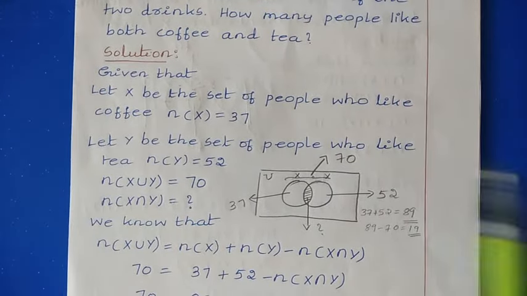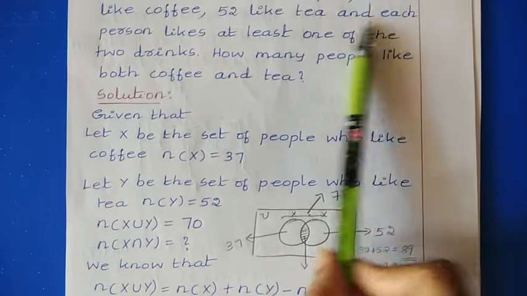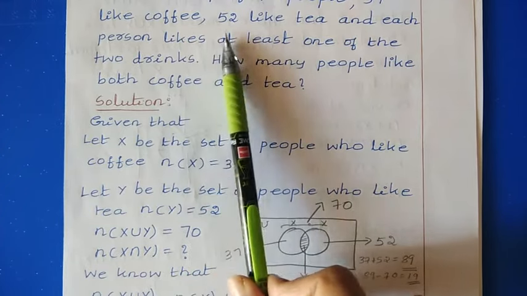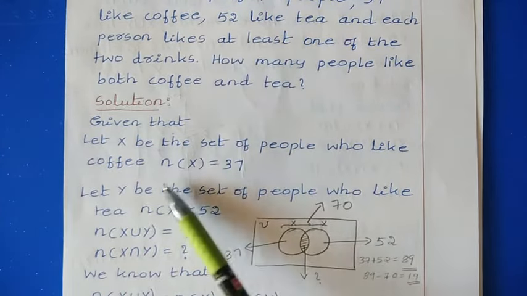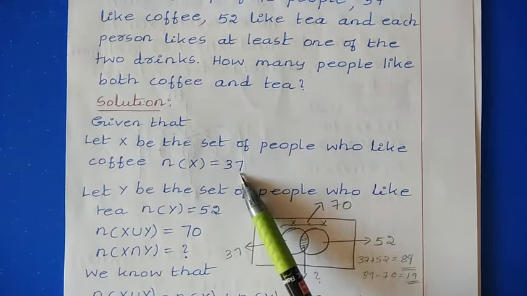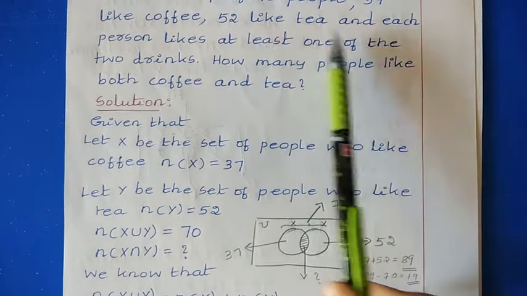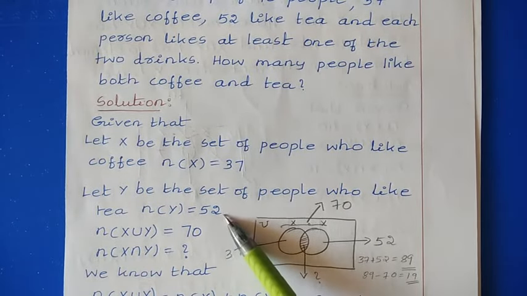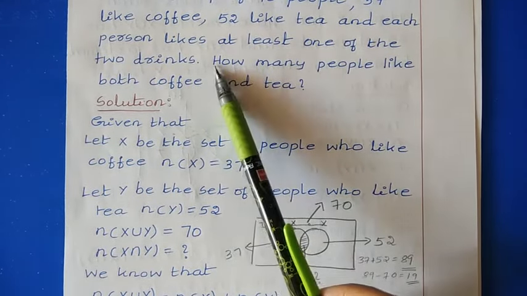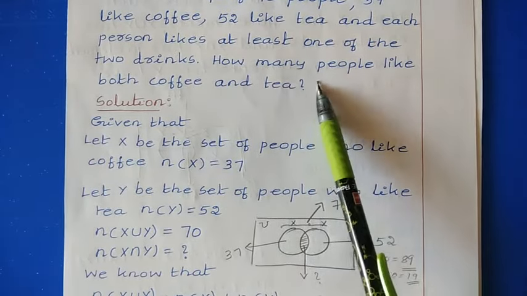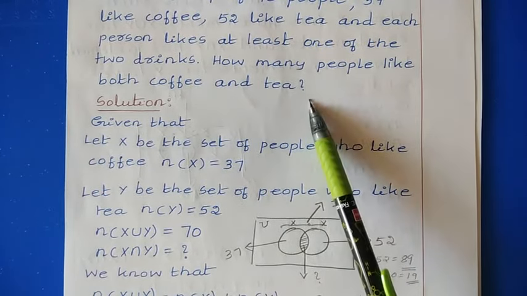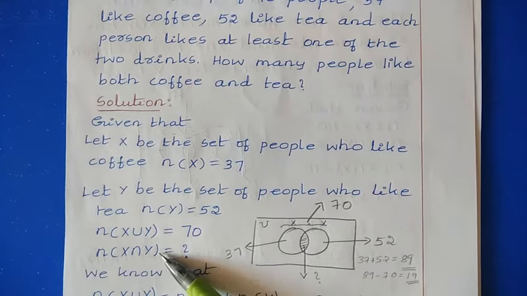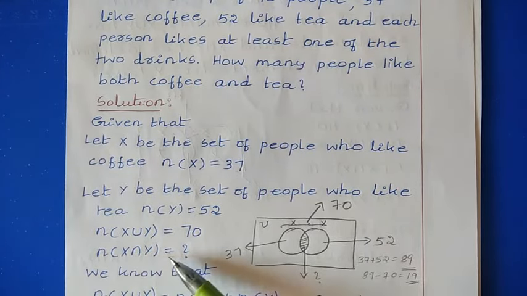Next, they have already given that 37 people like coffee. So, we can say here n of X equal to 37. Then 52 like tea. So, n of Y is equal to 52. Then, how many people like both coffee and tea? That means we have to calculate here n of X intersection Y.